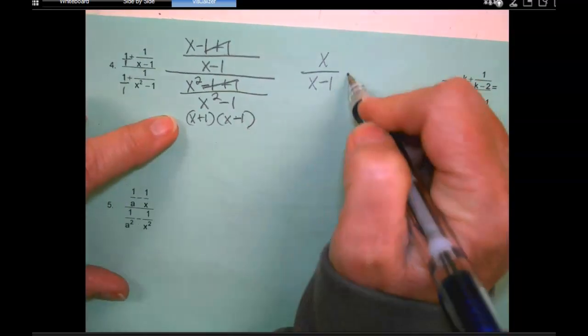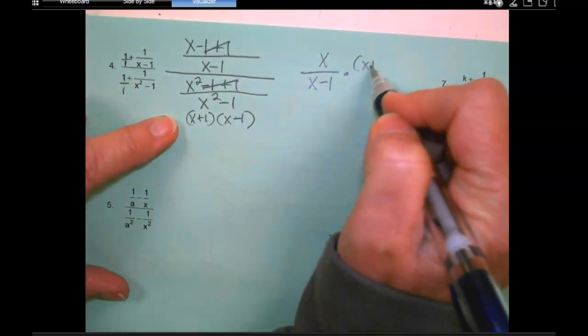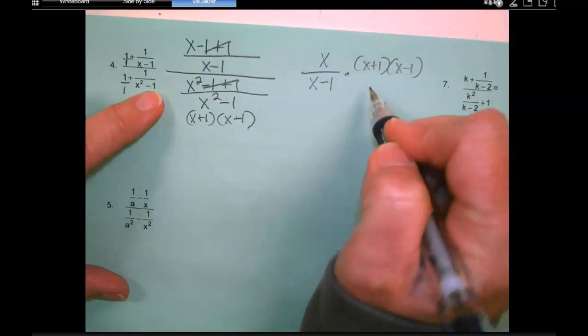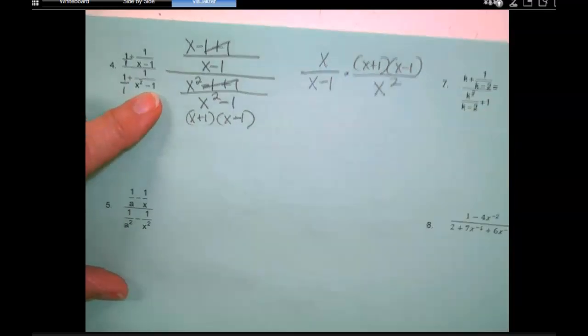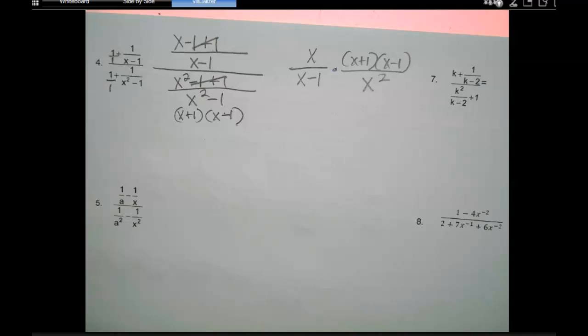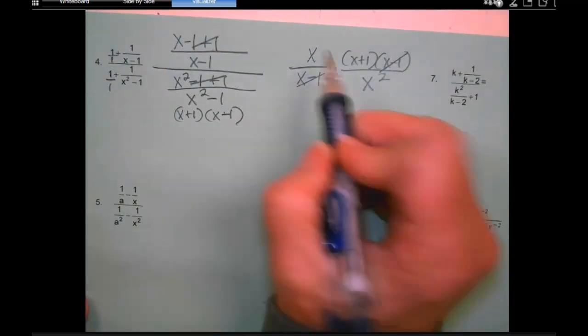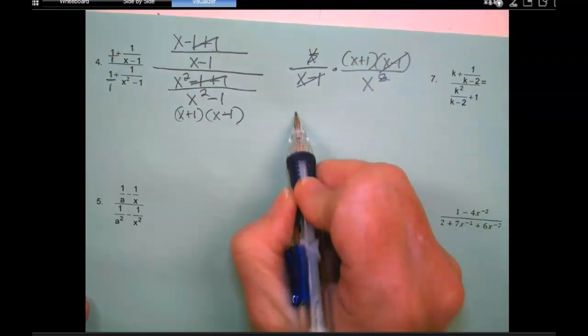I'm going to flip. I'm going to get x plus 1, x minus 1 over x squared. Yes? All right. What can I cancel? All right, the x minus 1 is going to go. What else will go? So this x will cancel with this, correct? And it leaves me x plus 1 over x.